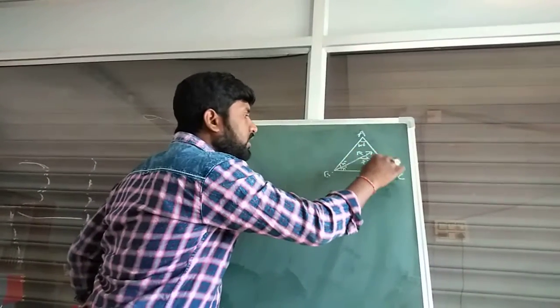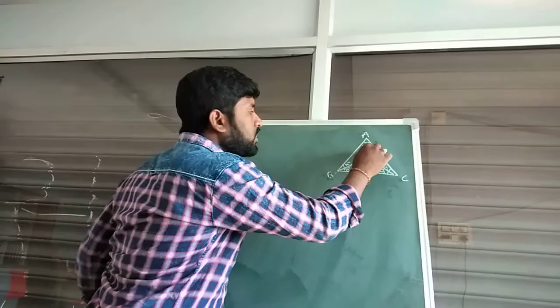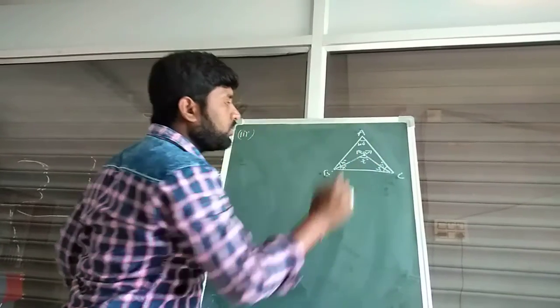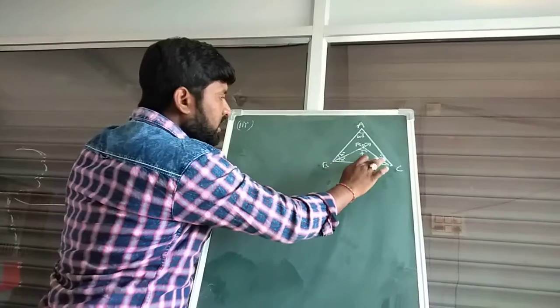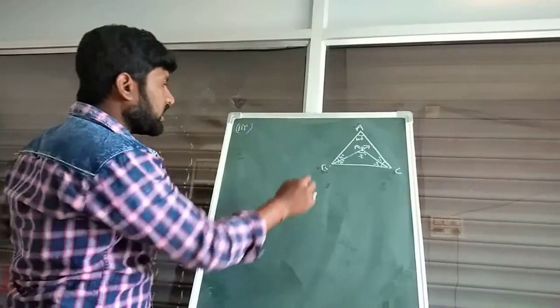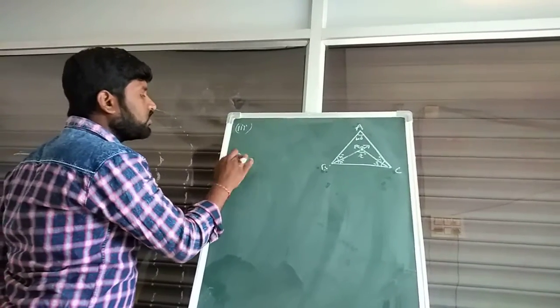Okay? They intersect, and the point is O. So we want to find x degrees, y degrees and z degrees. So clearly you write that from the figure.